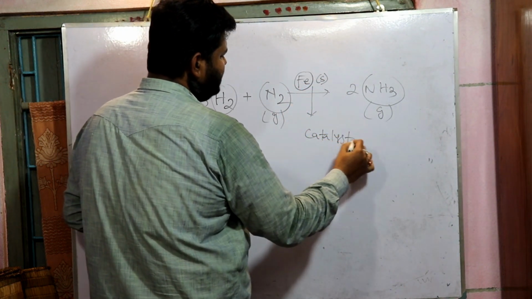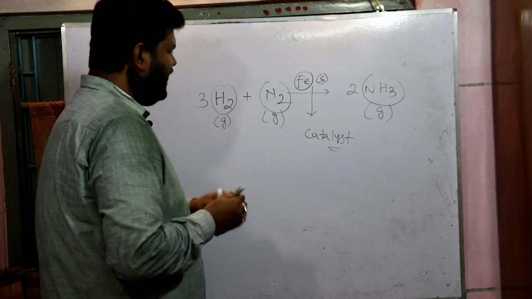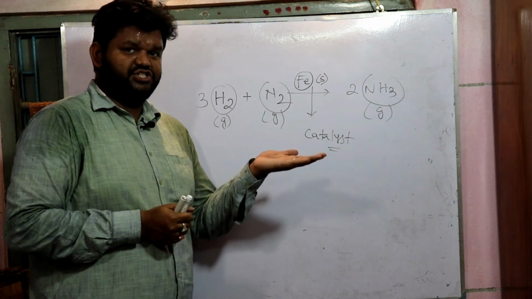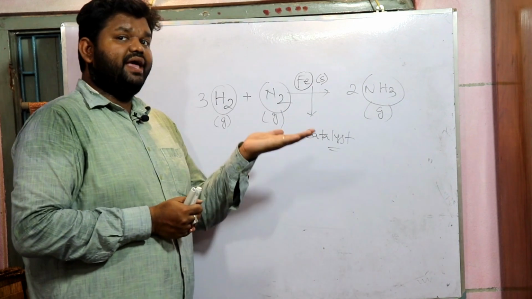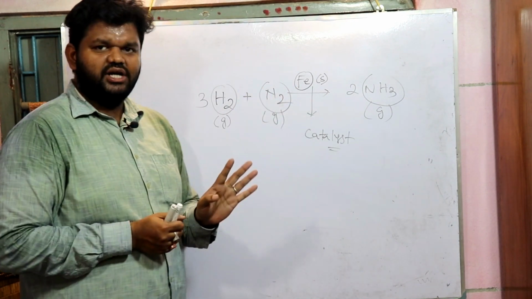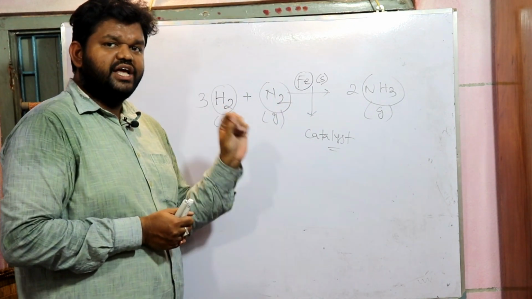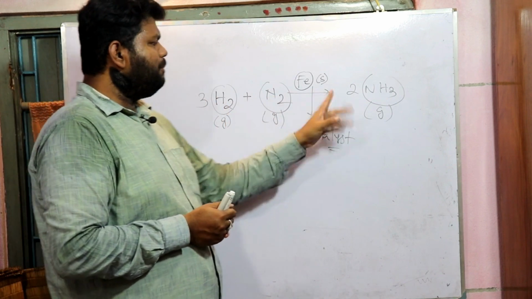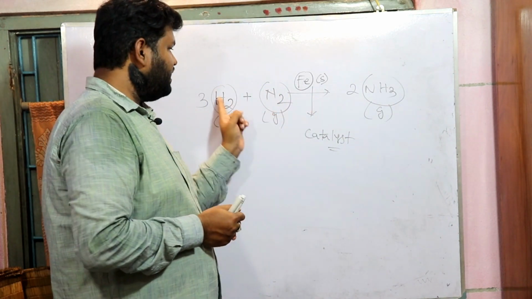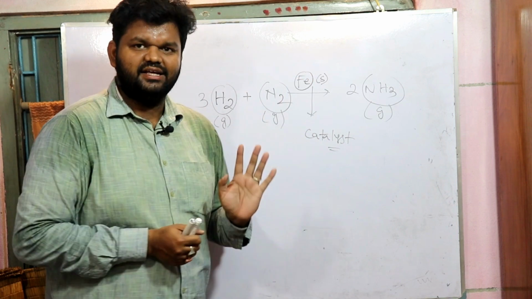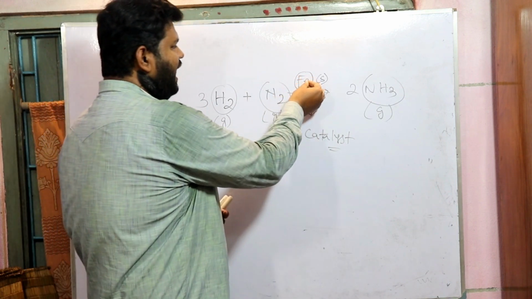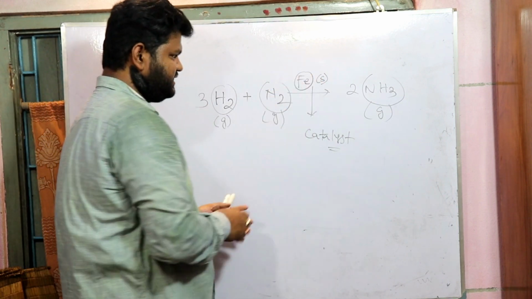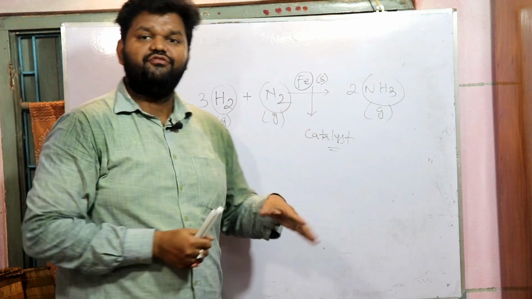What is a catalyst? A catalyst can increase the rate of the reaction without changing any chemical property of the reaction as well as itself. That means if we add some solid iron in this reaction, then the reaction will be very fast.